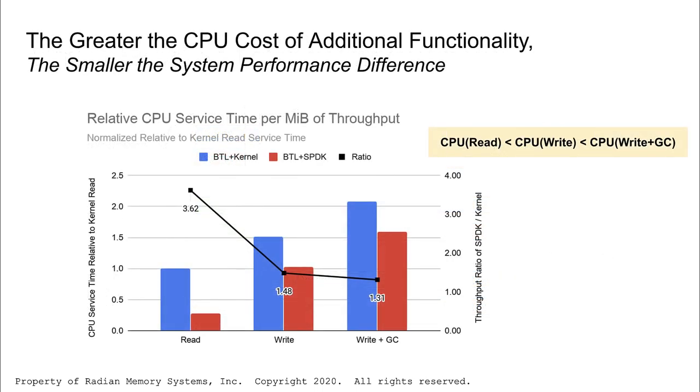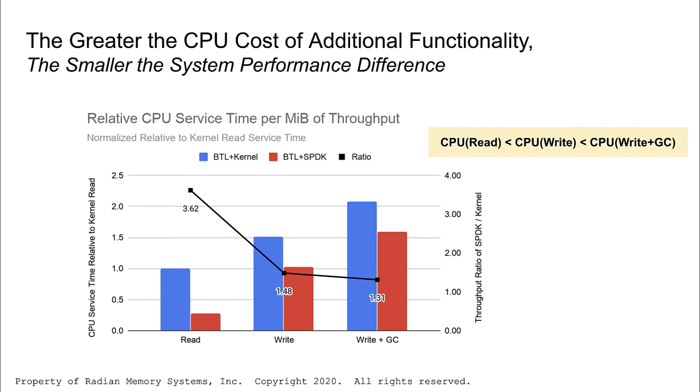So we designed a series of experiments where the CPU was always the limiting factor, and we varied both the layers involved and the functions those layers were performing to determine the relative CPU cost of the stacks. In this diagram, we show the results from BTL plus SPDK versus BTL plus the kernel for 100% read, 100% write, 4K random with FIO as the workload generator, and everything else about the test the same across the two systems being tested.